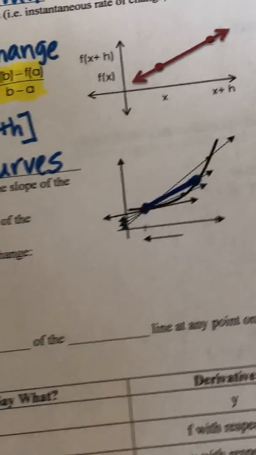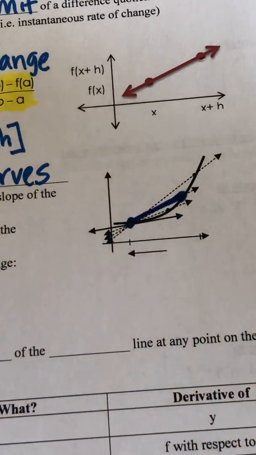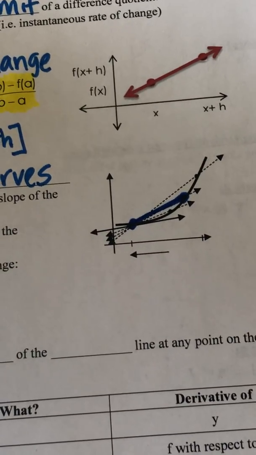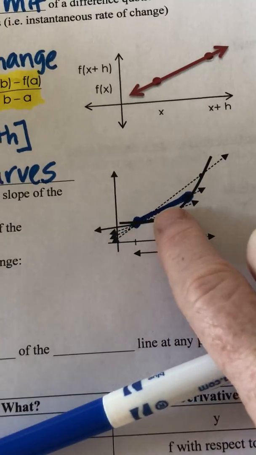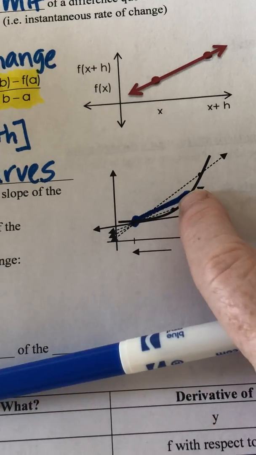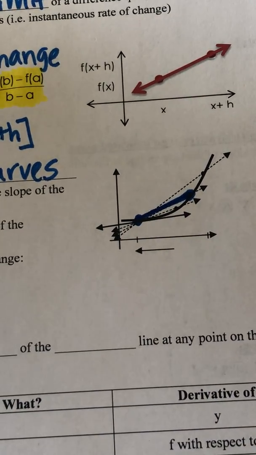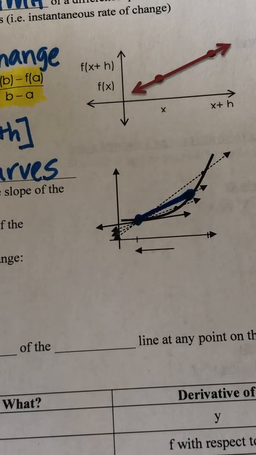Is that really the most accurate way to measure this change of the curve? I mean, it's not, because between here and here, look how far off your real curve is going, okay? That's why we have to use a derivative.